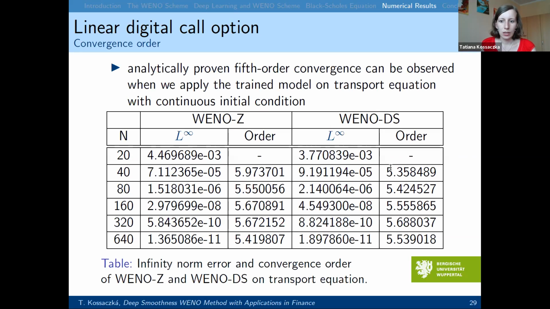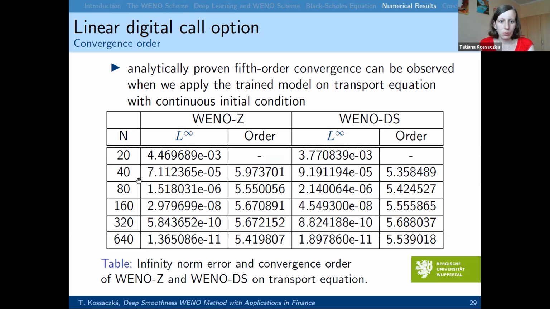And to the end, just to demonstrate that the method remains convergent, namely high order convergence, we tested this new method, this WENO-DS method, on a transport equation with continuous initial condition. And as you can see, we have here fifth order of convergence, as already has been analytically proven.